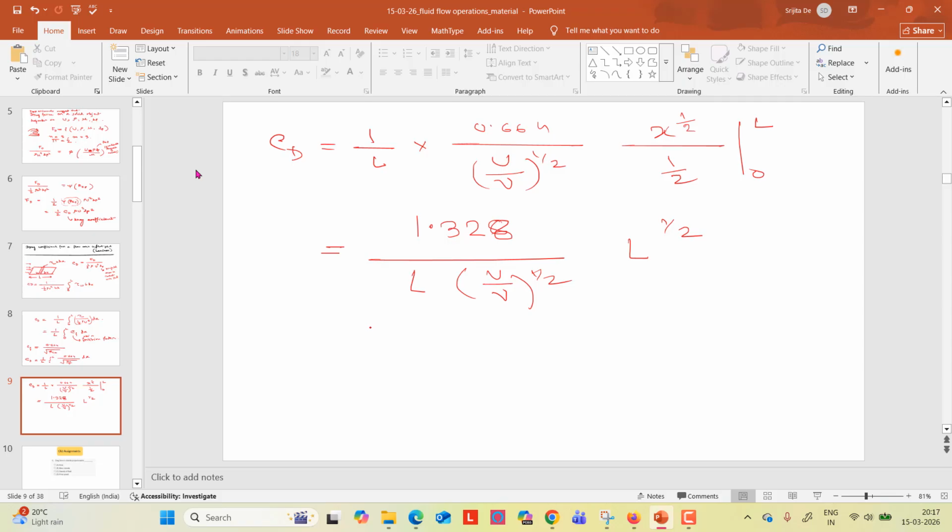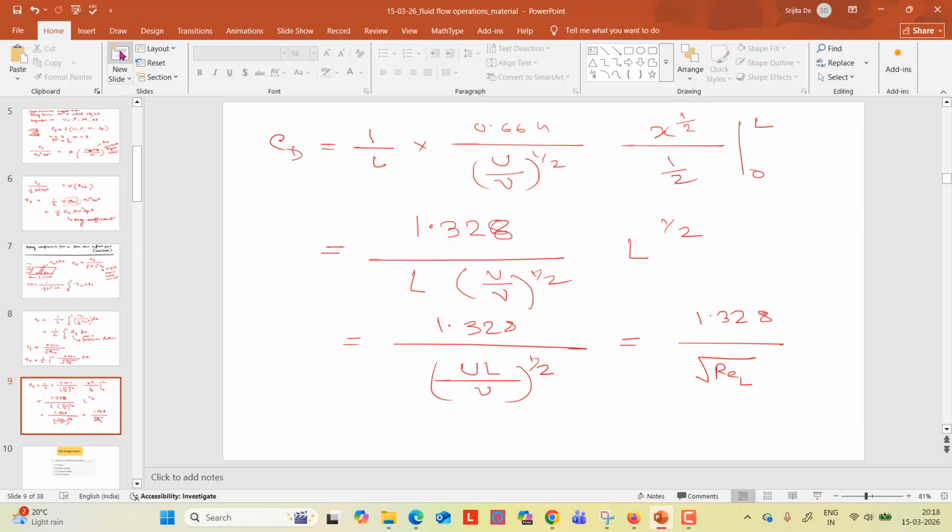So it is 1.328 by (UL by nu) to the power half. It can be represented as 1.328 divided by root under Re_L. Re_L is written for the flow over a flat plate, right?